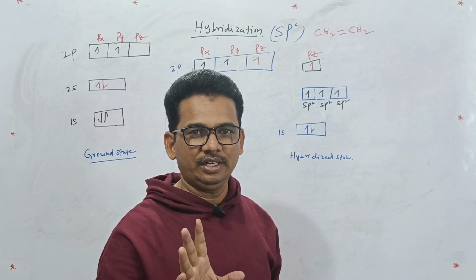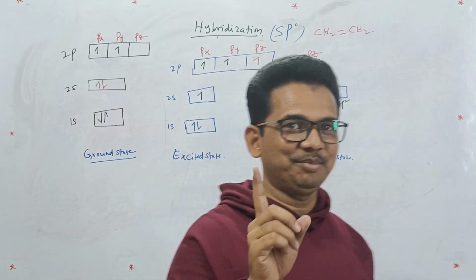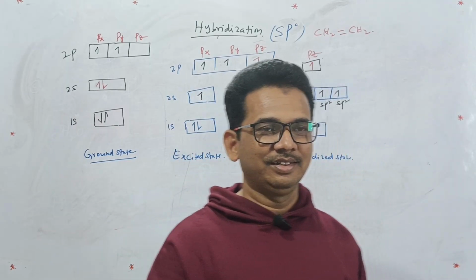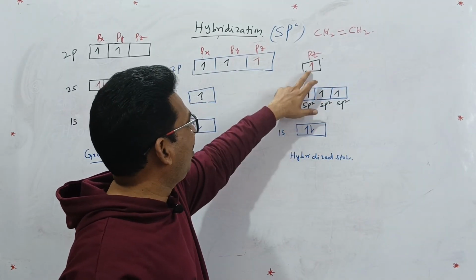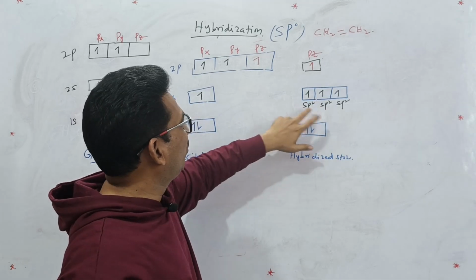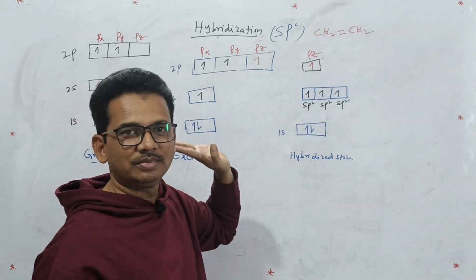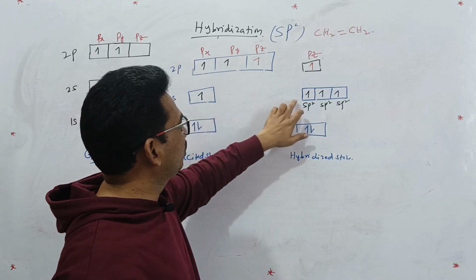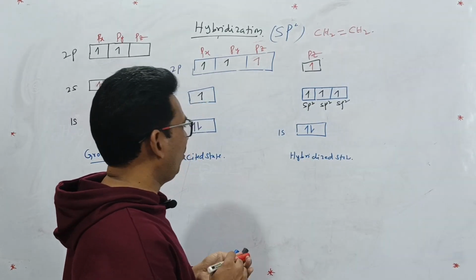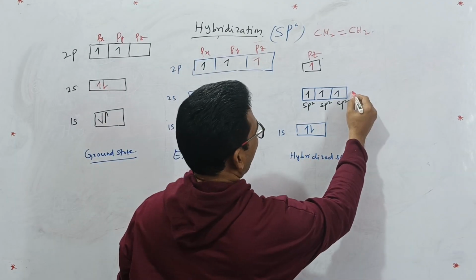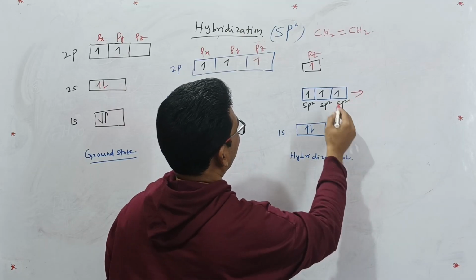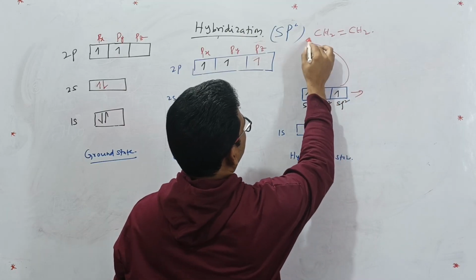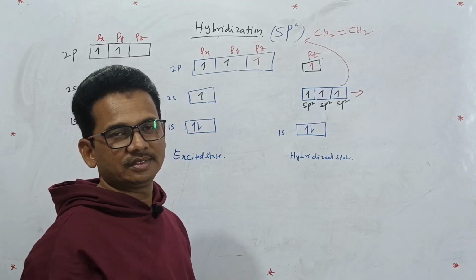I don't like chocolate. Vanilla means not the girl, remember that. Okay, flavor. I like only the vanilla. I don't like chocolate. Who likes chocolate? Please go. That's why here 2p and 1s mixed to produce the 3 equivalent sp2 orbitals. That's why it is called the sp2 hybridization.